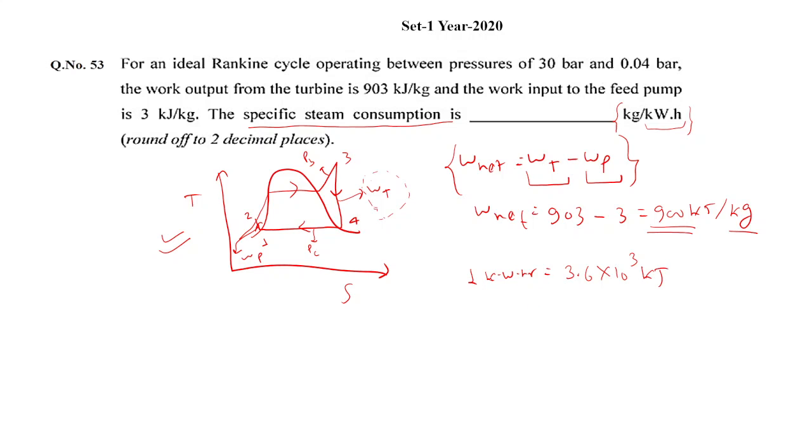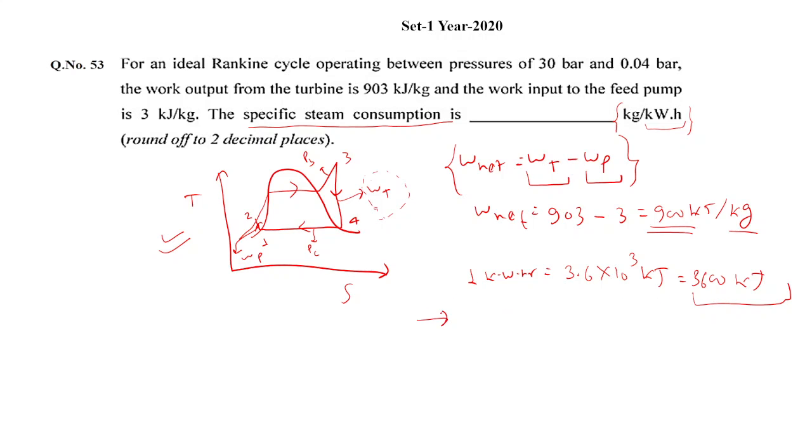You can also easily find it: 1 kilowatt means 1000 watts, and an hour means 3600 seconds, so that many joules; convert that to kilojoule and it will be 3600 kilojoule. So from here you can see that in 1 kilogram of steam you are getting 900 kilojoule of energy, and if you require 3600, then how much steam will you need?